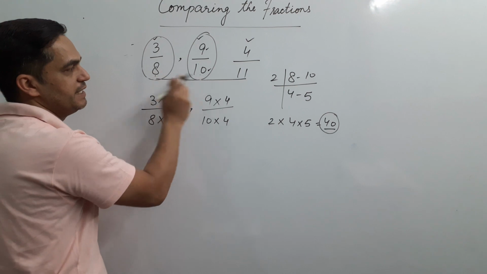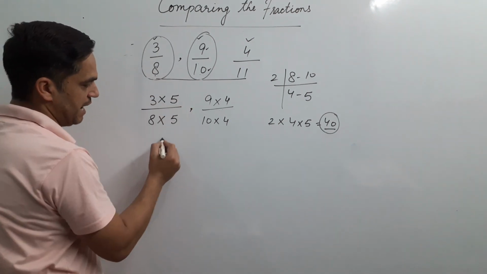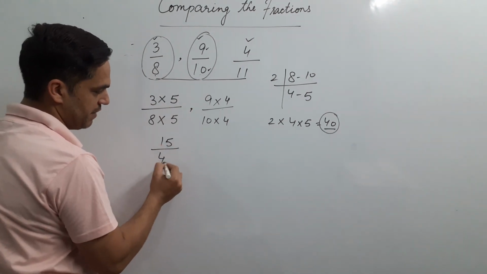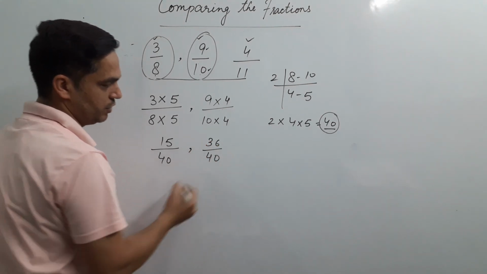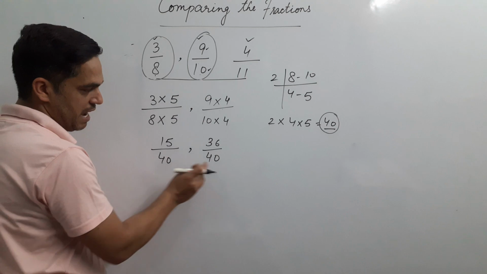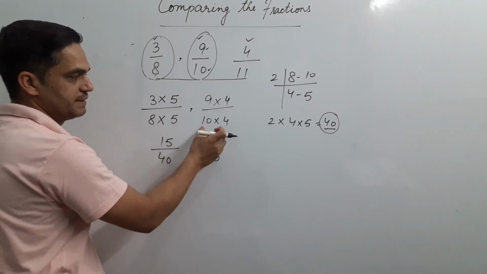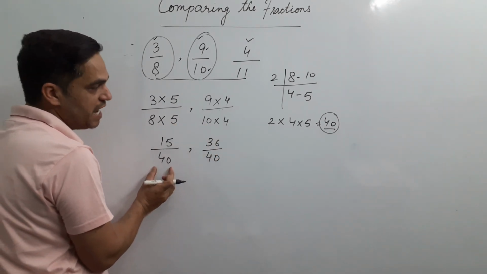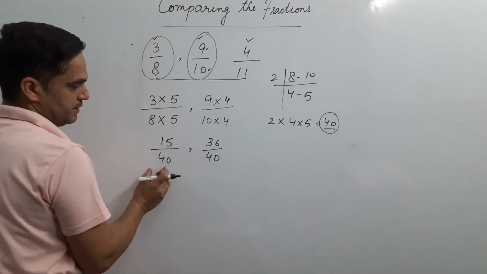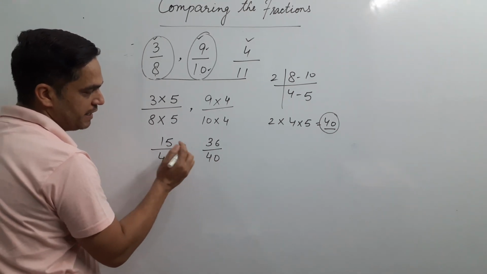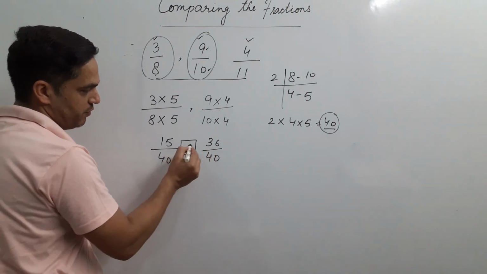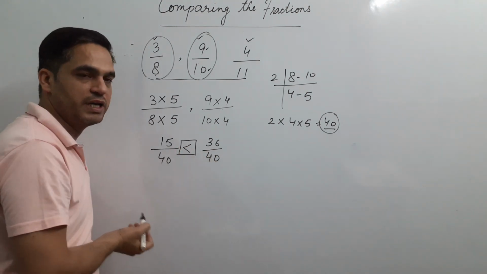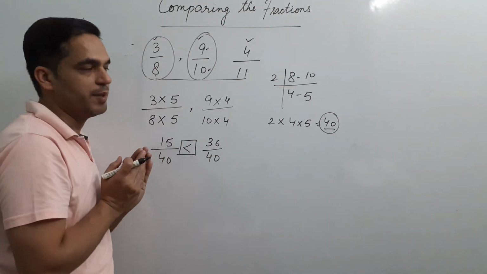We are comparing these two fractions. 3 5s are 15, 8 5s are 40, 9 4s are 36, 10 4s are 40. So children, we have converted these denominators into the same denominator, and now we can compare which one is greater. 36 by 40. Obviously 36 by 40 is greater than 15 by 40.